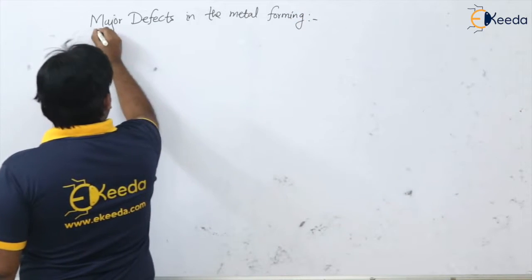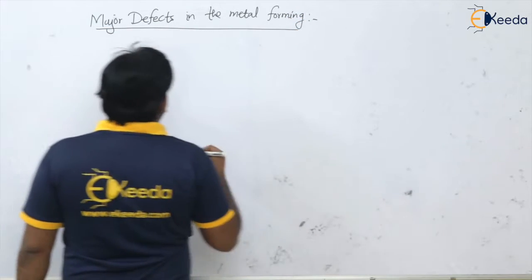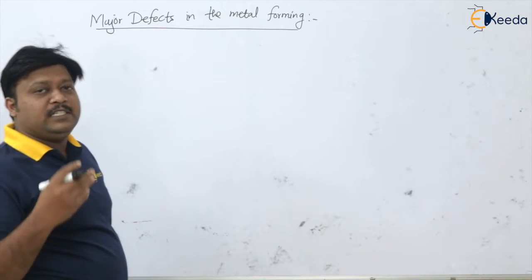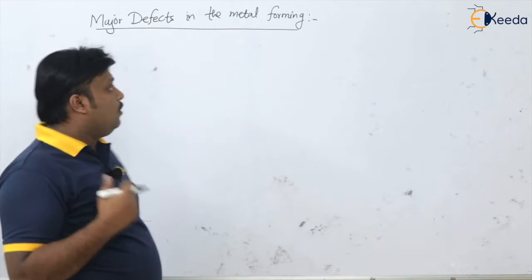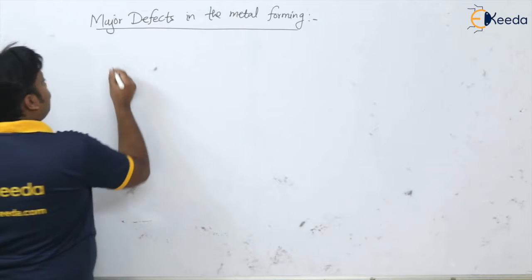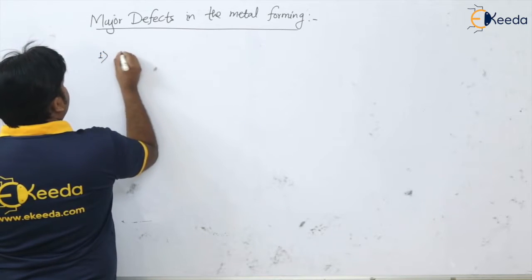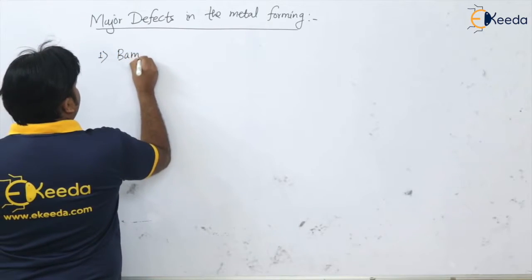All together we are going to see the defects for extrusion, forging, then rolling. So let us see the first defect, which is called the bamboo defect.